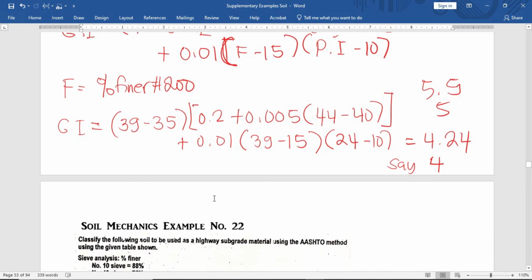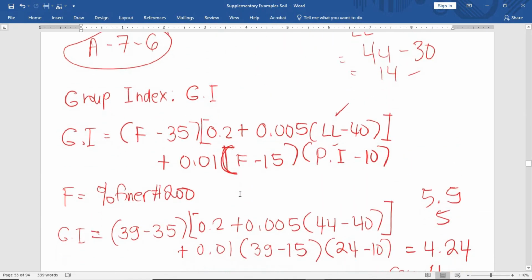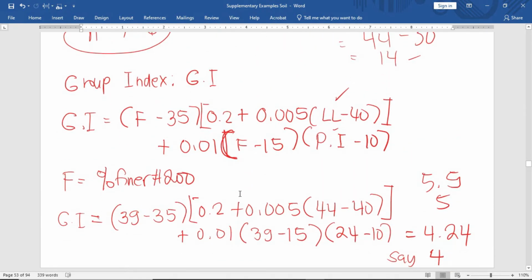So, how do we... Note lang, if the computed group index yields a negative value, it is taken as 0. For example, negative 1 ang lumabas or negative 2, it is considered as 0.